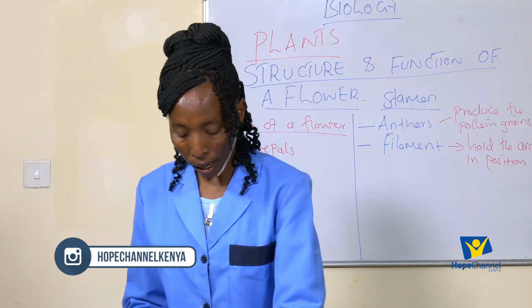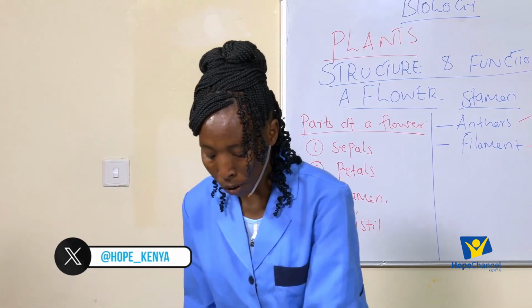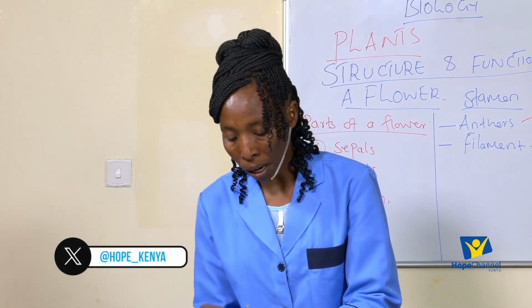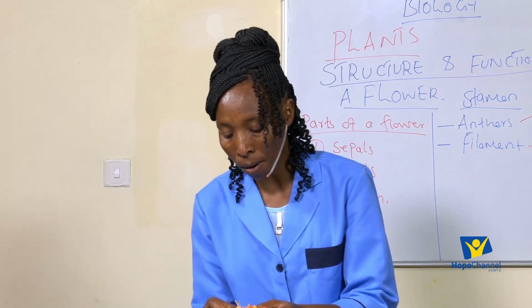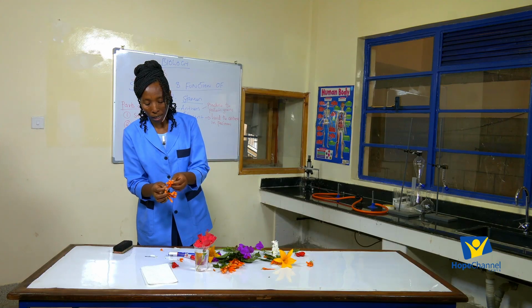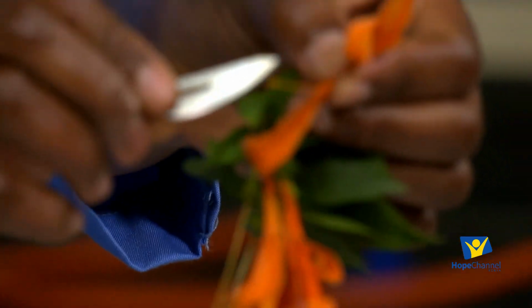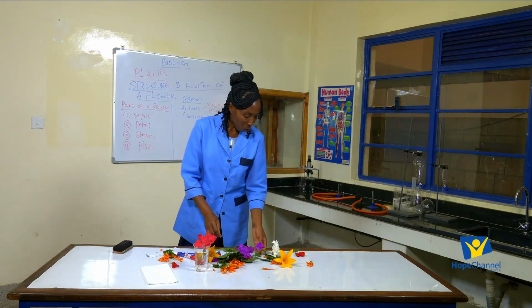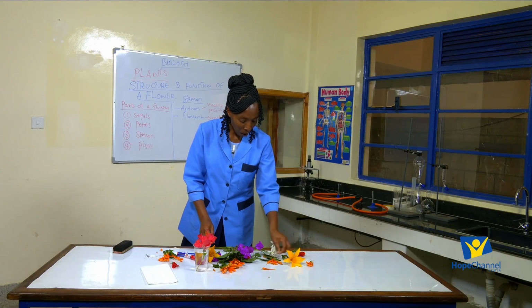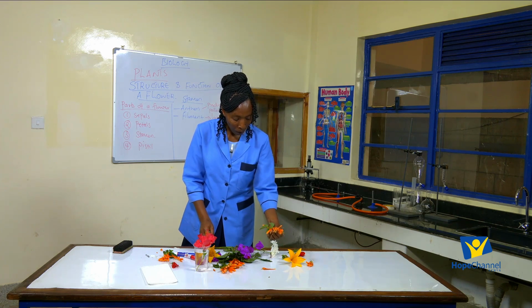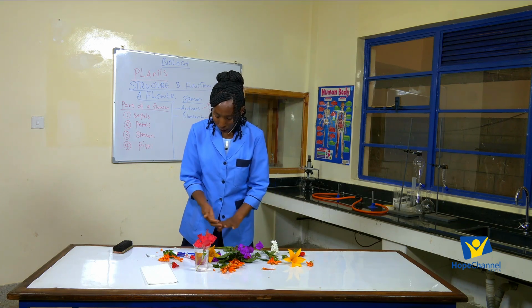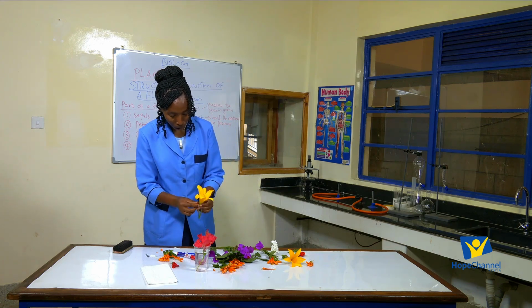We are going to discuss that in the next episode, but for now, I want you to see that flowers have the male part, which consists of the filament and the anthers. Okay, that is for that flower. That one we can see in various plants. You should be able to identify the male part of the flower and the female part of the flower.